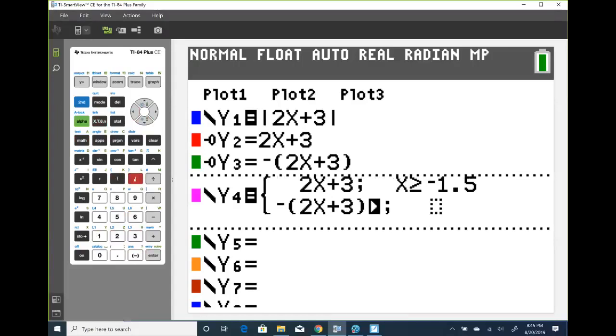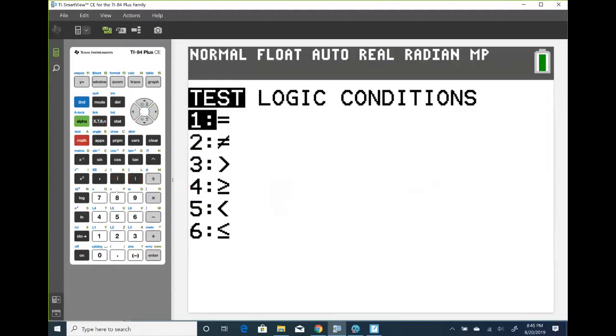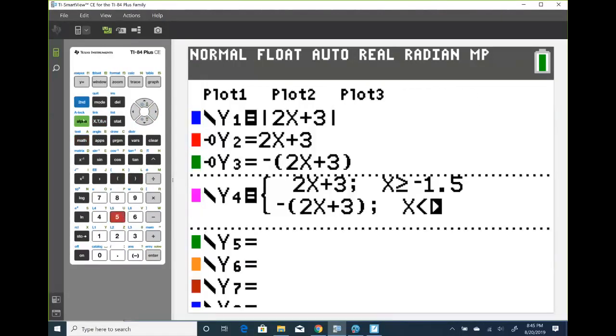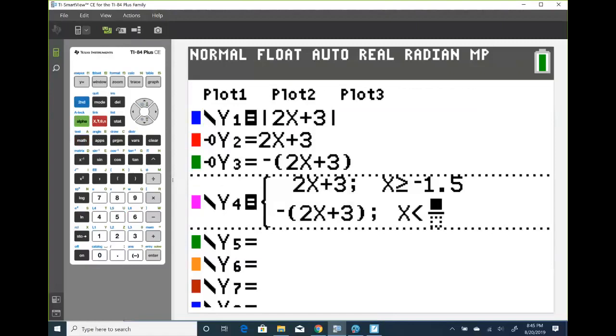And that was true when x was less than that minimum value. So I'm going to have x is less than negative 1.5. Now remember, you can use a fraction here, alpha x, for that negative 3 over 2. So decimals or fractions, it doesn't matter.